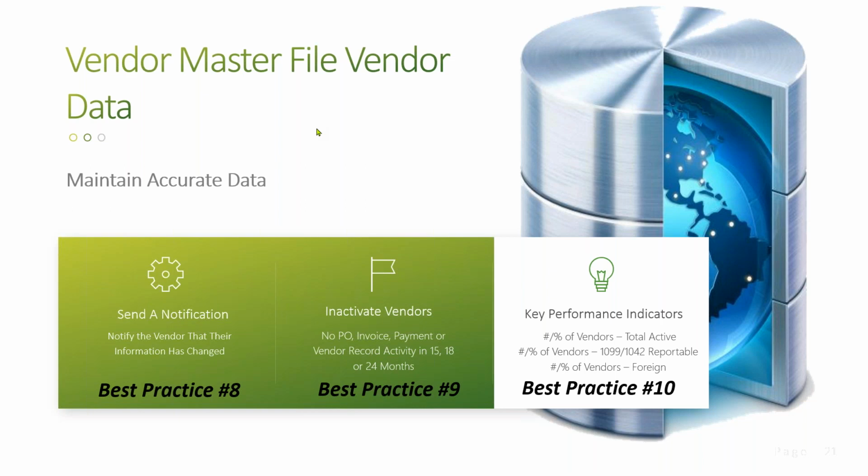Okay. Now, the last one: you want to track performance with key performance indicators. I don't know about you, but every time I see benchmarks for accounts payable activity, they're usually tracking invoice process activities like cost per invoice. Well, there really should be key performance indicators, or KPIs, for the vendor master file as well, and the vendor process too, for that matter.